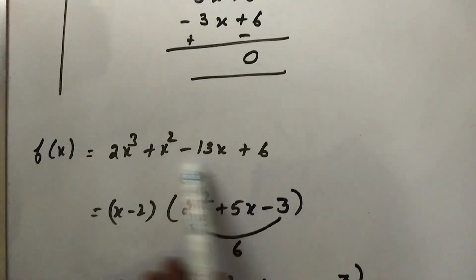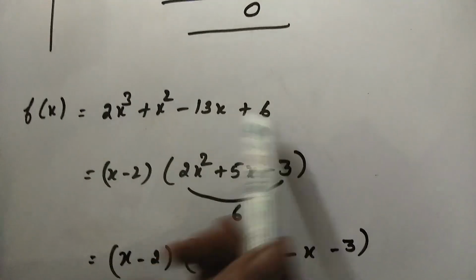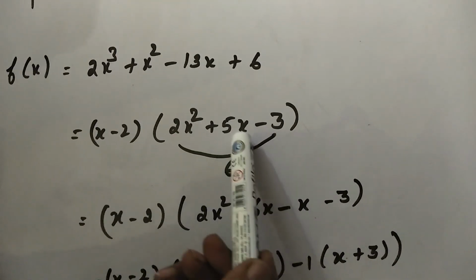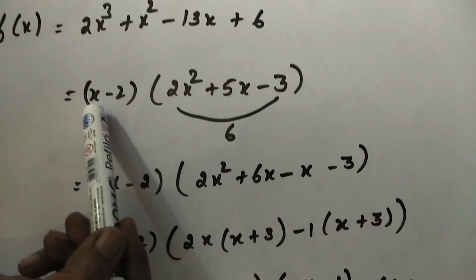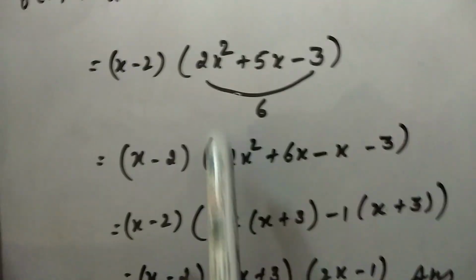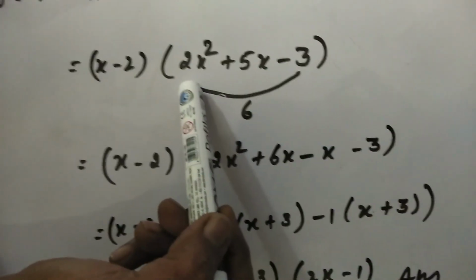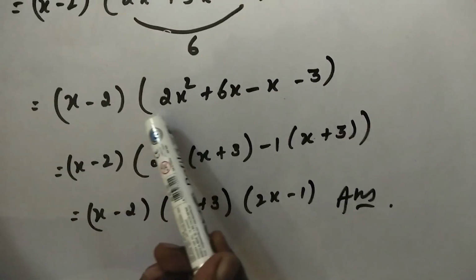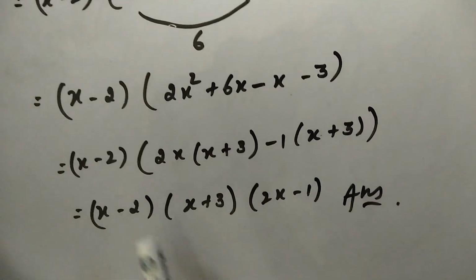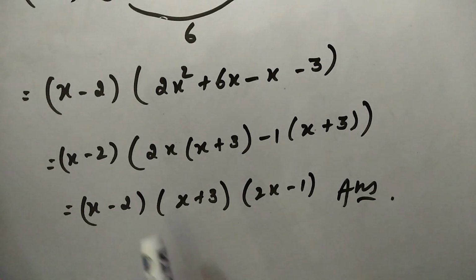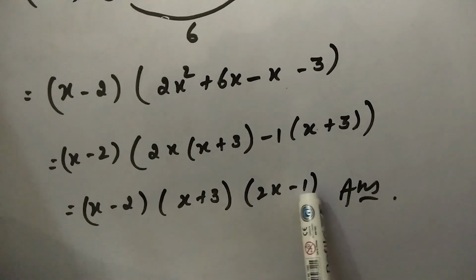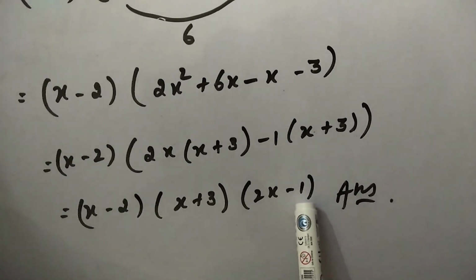So the expression can be written as x minus 2 into 2x squared plus 5x minus 3, divisor into quotient. Again it is in quadratic form, so split the middle term. x minus 2, x plus 3, 2x minus 1. Understood?